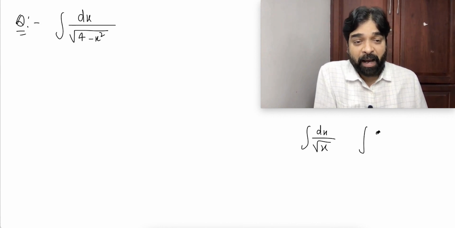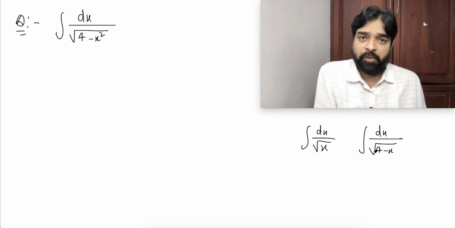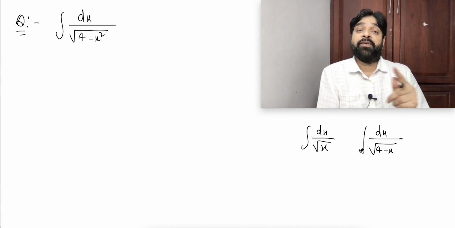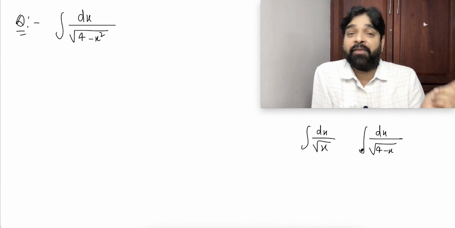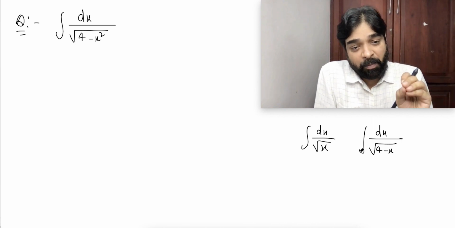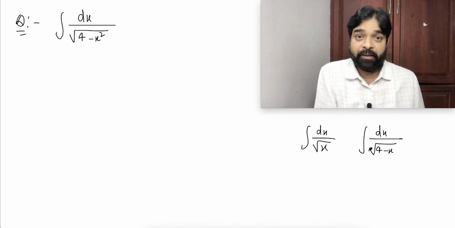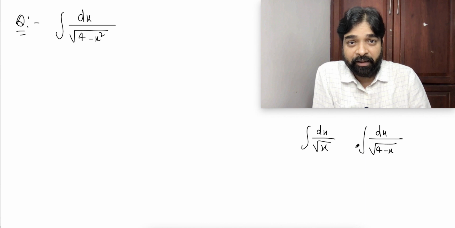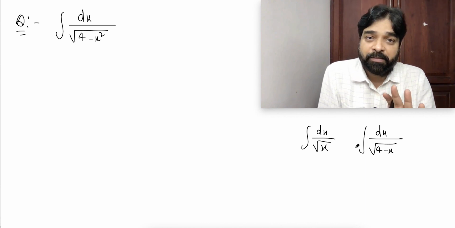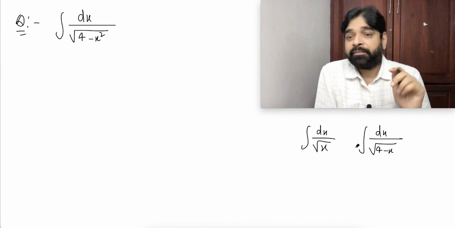If it were linear, I could apply this: if the integration of f(x) is g(x), then the integration of f of (ax plus b) will be 1 by a times g of (ax plus b). But that logic we can apply only for linear expressions. Remember, if anybody attends this lecture directly, they will face problems, so make sure you attend from the start.